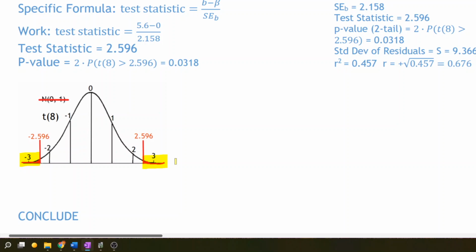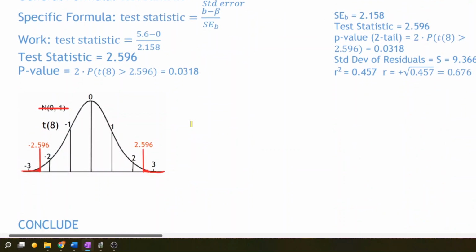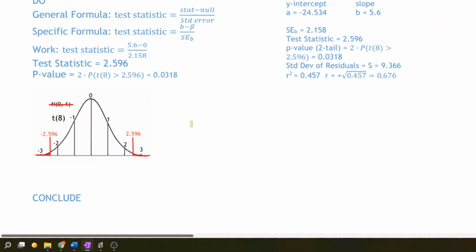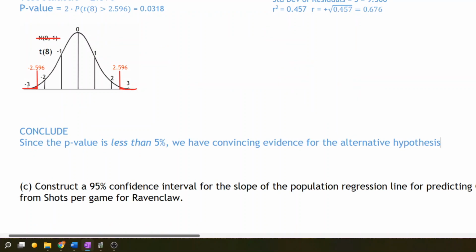It's a two-tailed test because we have an alternative hypothesis, which is beta not equal to. That leaves us with conclude. Since the p-value is less than 5%, we have convincing evidence for the alternative hypothesis.